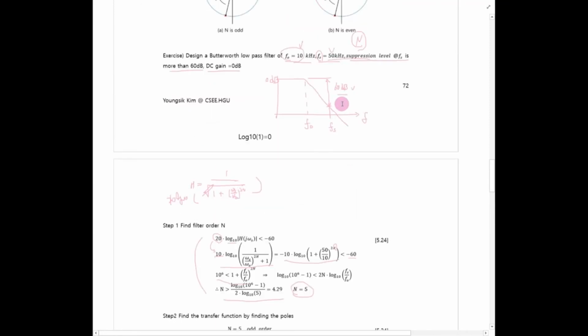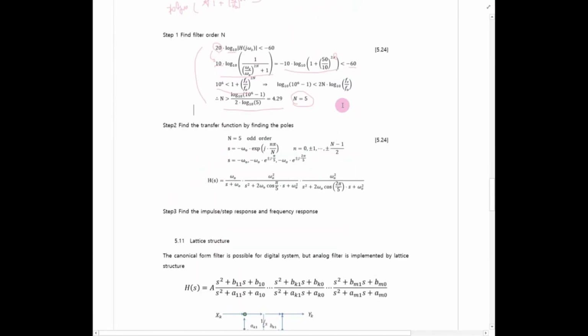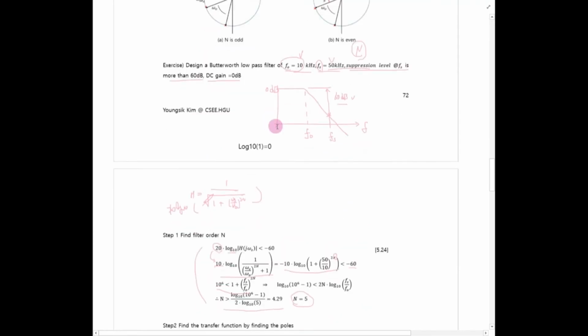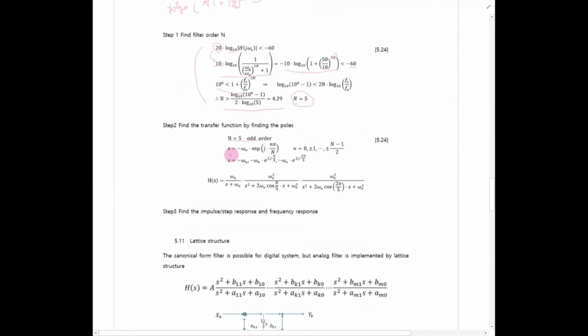The next step is to select the proper poles. At this moment, n is odd, so we need to follow these odd case rules. Then we can choose the pole locations like this. The s will be minus omega 0. You can see that's this part: minus omega 0, and minus omega 0 times e to the plus minus j pi over 5. Two poles are selected here and here.